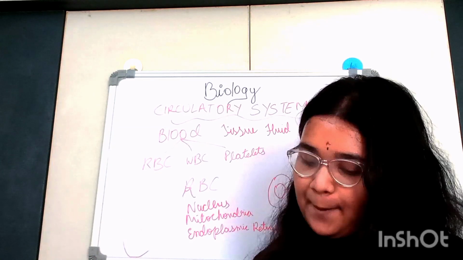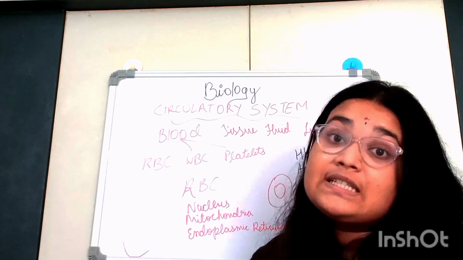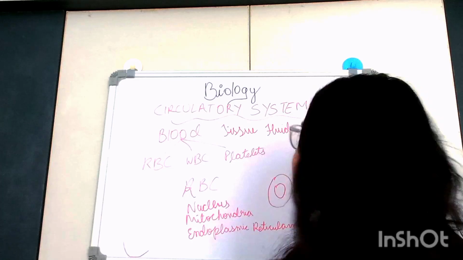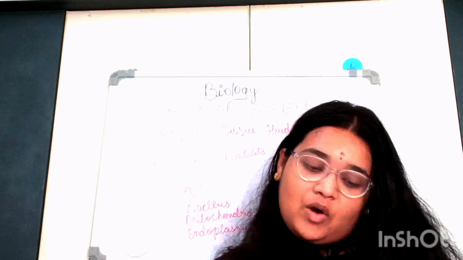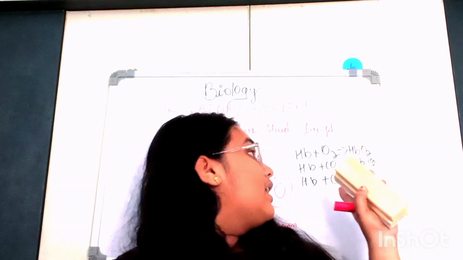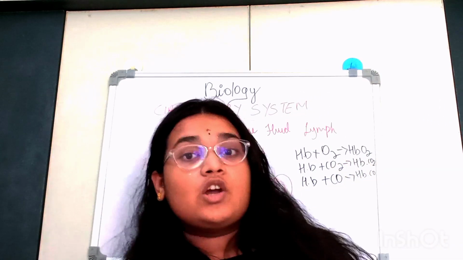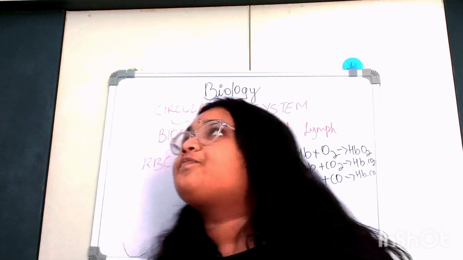It may lead to death. That complex compound name is carboxyhemoglobin. So these are the complex compounds that hemoglobin forms. Of these, the most dangerous one is carboxyhemoglobin, because carbon monoxide will be transported to our whole body.